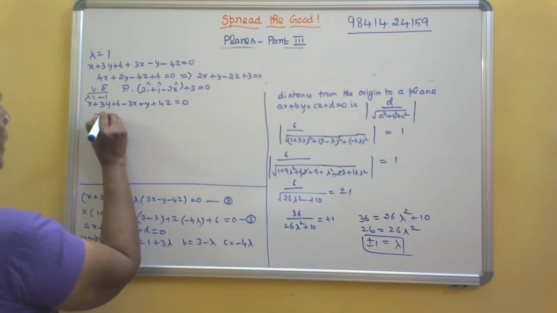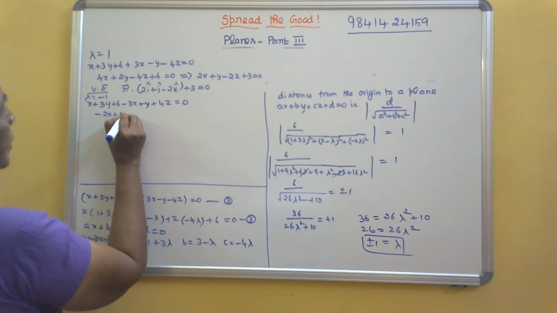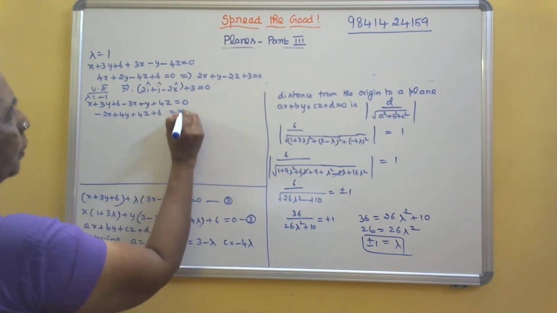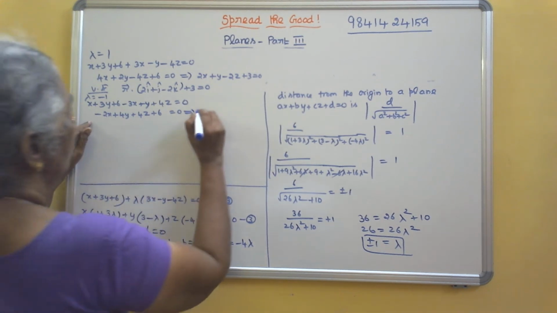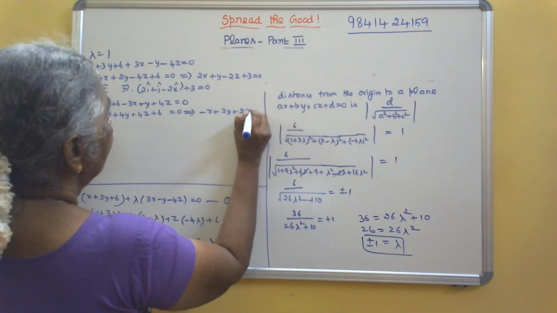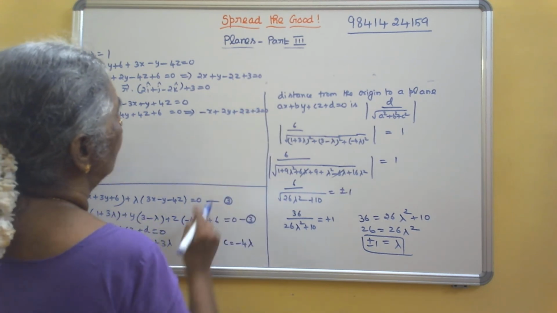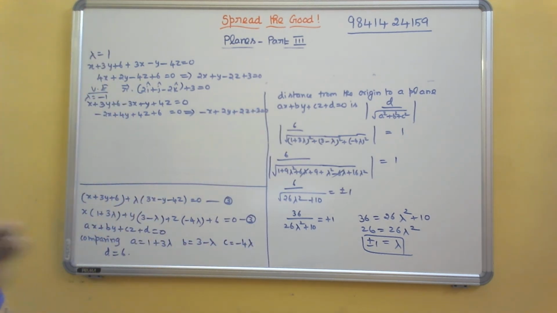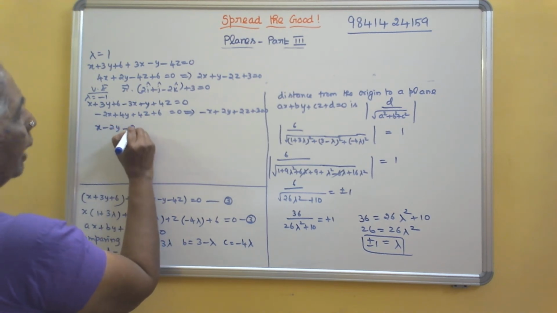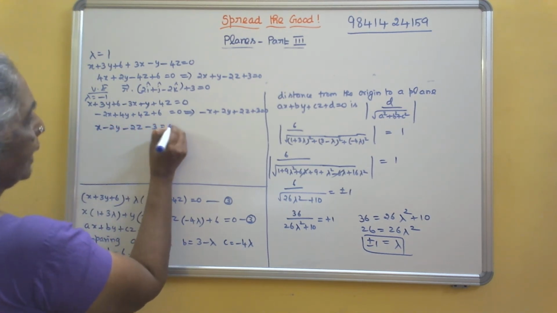So I will get minus 2x plus 4y plus 4z plus 6 is equal to 0. We can simplify this also. Minus x plus 2y plus 2z plus 3 is equal to 0. Usually we don't keep the first term as negative. So we will get x minus 2y minus 2z minus 3 is equal to 0.